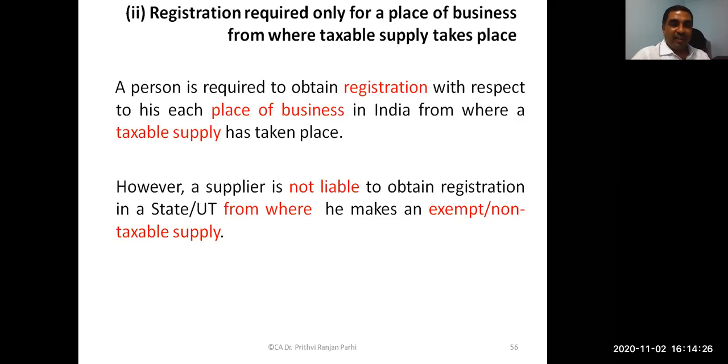The same thing I am repeating. A person required to obtain registration with respect to his place of business in India from where taxable supply has been made. In our case, in both cases the supply was taxable supply. But one more thing to remember: a supplier is not liable to obtain registration in a state or union territory from where he makes an exempt or non-taxable supply.